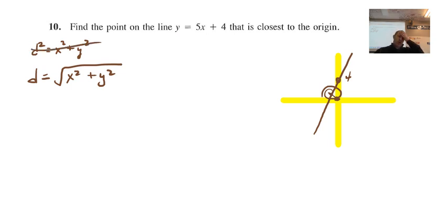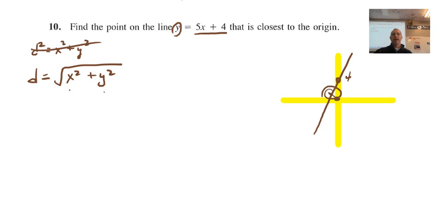Now, we have 2 variables, and we don't want 2 variables. So how can I write this in terms of just one of those variables? Well, you're given the rest of the information right here in the question. y equals 5x plus 4.